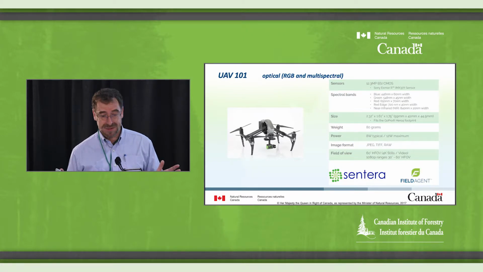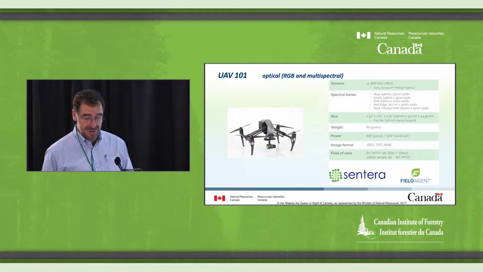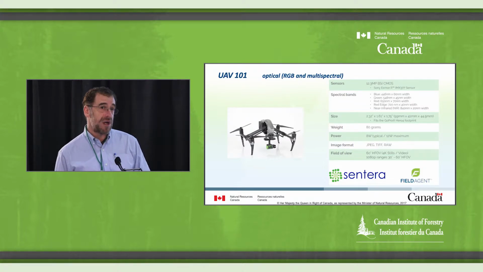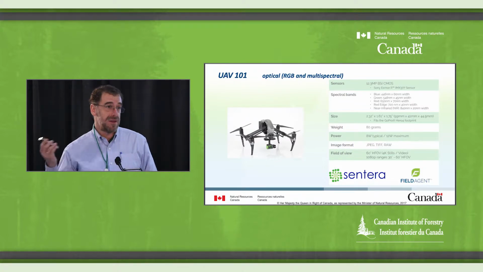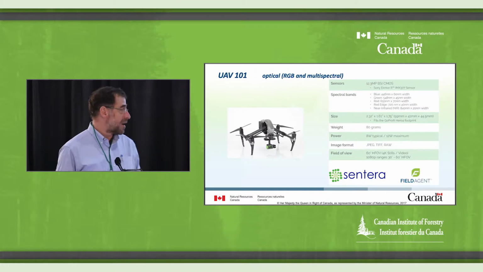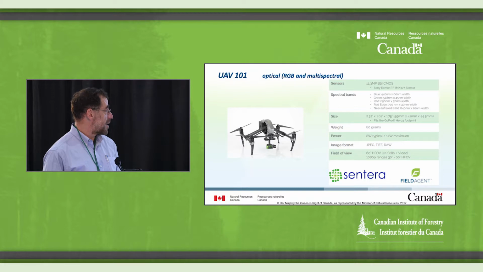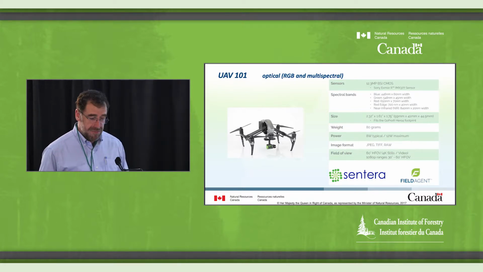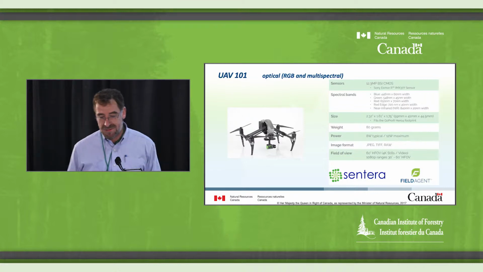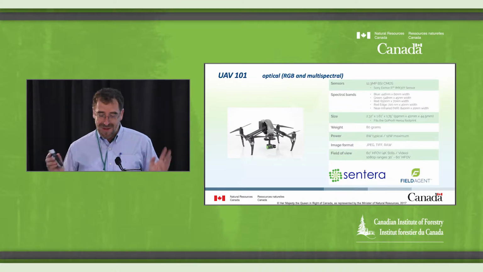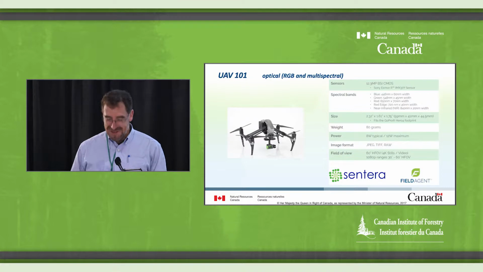So the assortment of sensors that you can mount is very wide. But the most common ones are cameras and other active sensors like LiDAR. Here I'm showing you a DJI Inspire 2 with a Centera multispectral camera. This is what we have in our lab.